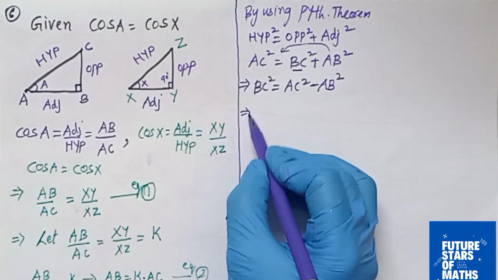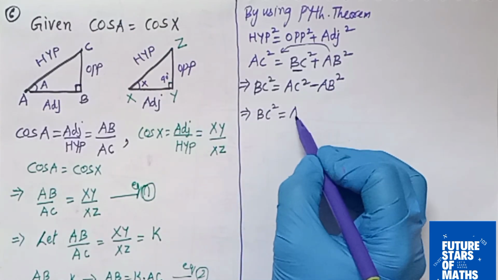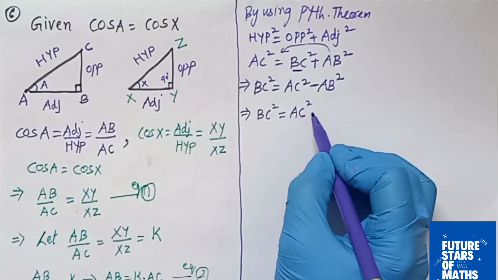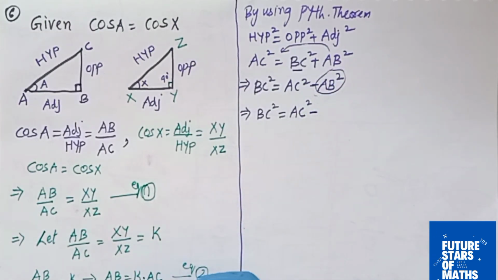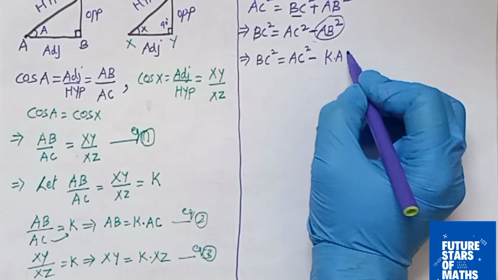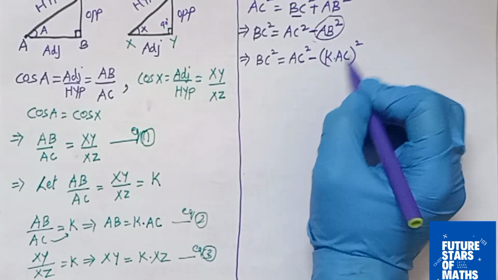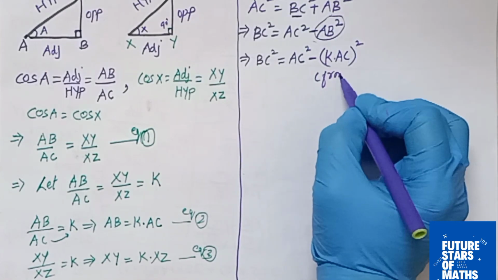So BC square is equal to AC square minus, but what is AB square? We got the value of AB as k into AC, so we will use this here: k into AC whole square. How are we getting this? From equation 2.